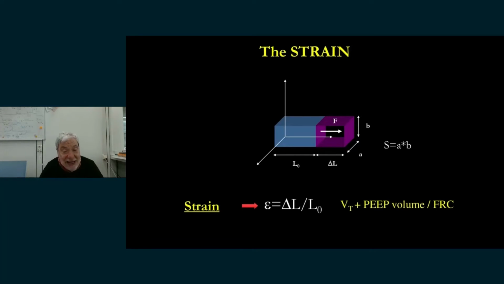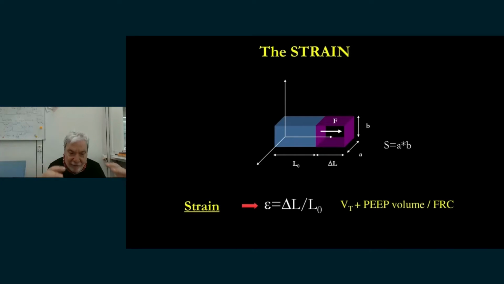The stress is the internal force which develops inside and reacts to the external force.